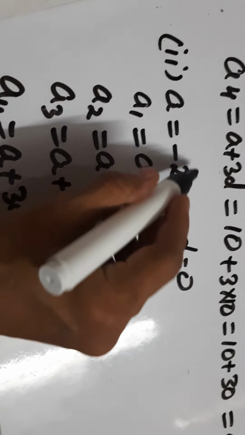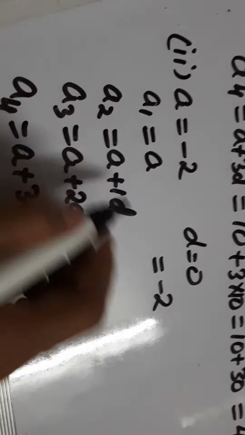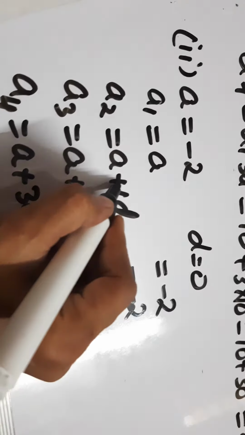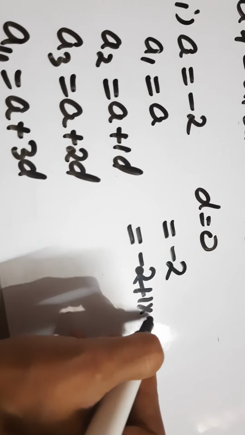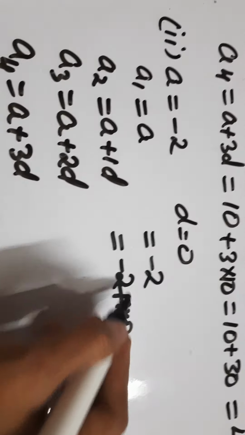So just put the values. The first term is itself a, that is minus 2. Second term: minus 2 plus 1 into 0. 0 multiplied by anything is 0. So minus 2 plus 0 is minus 2.